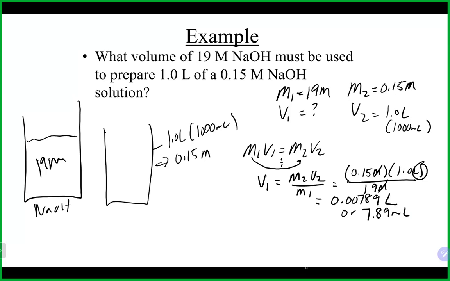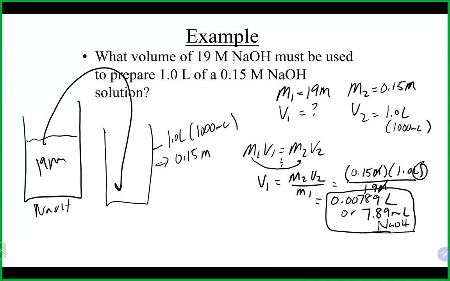Now, that 7.89 milliliters is actually the amount of sodium hydroxide that I need to take out. So what that number represents is you would go to the more concentrated bottle, and you would throw in 7.89 milliliters of my sodium hydroxide.